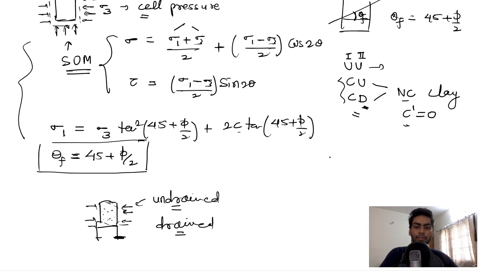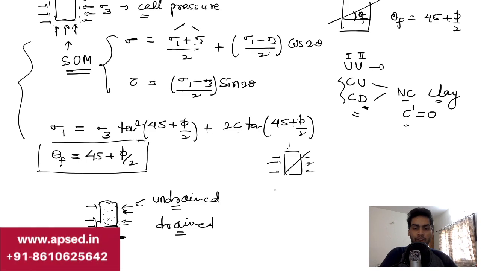But that does not mean that the soil is not cohesive, because it is clay, so it is definitely cohesive. But just in this sample, in this triaxial test, when we conduct, somehow the cohesion does not activate. So because of that, it is seen that cohesion comes out to be 0.